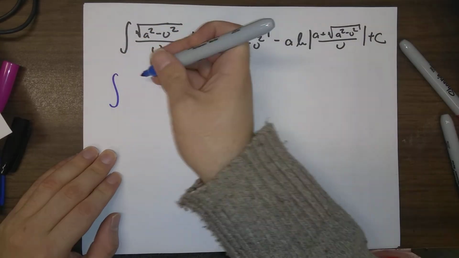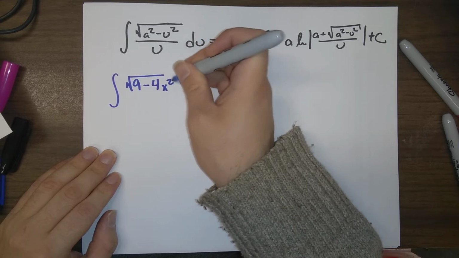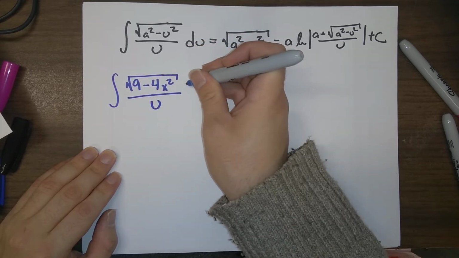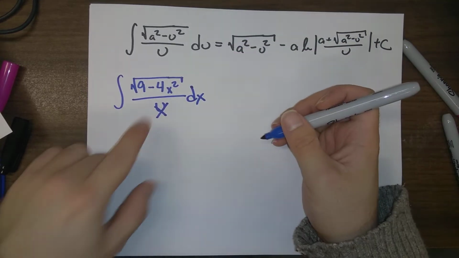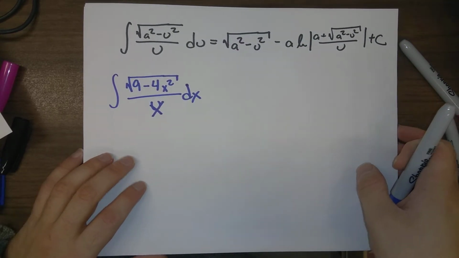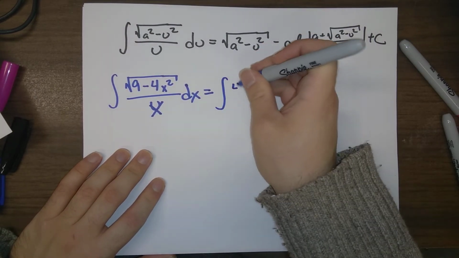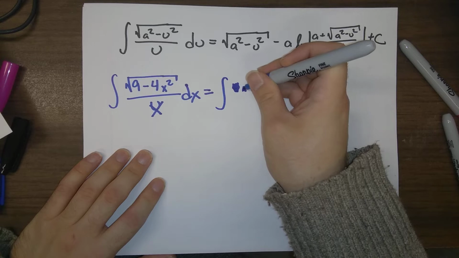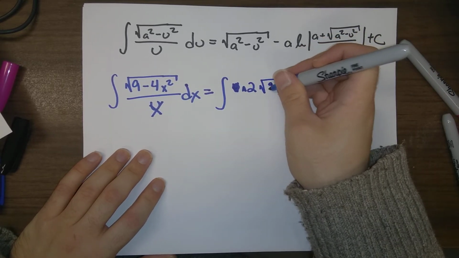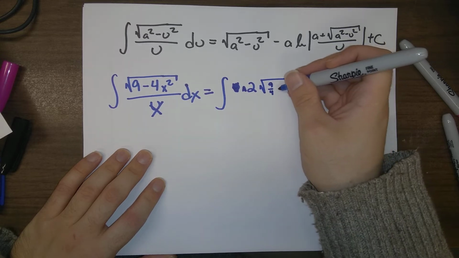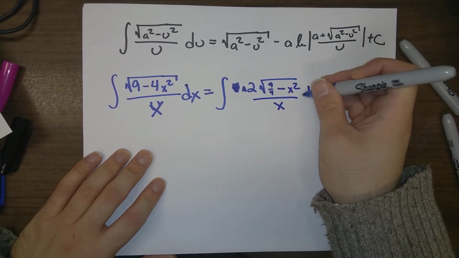So the antiderivative of the square root of 9 minus 4x squared, we want to move a 4 outside that square root. And that comes out, of course, as the square root of 4, which is 2, times the square root of 9 over 4 minus x squared, divided by x dx.